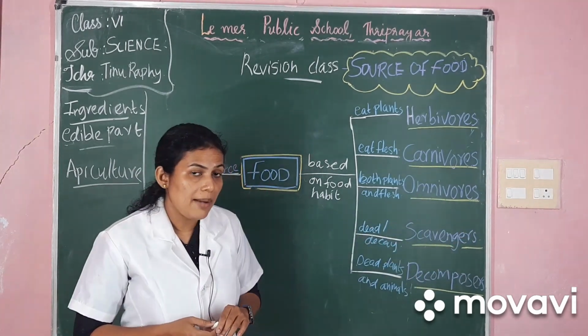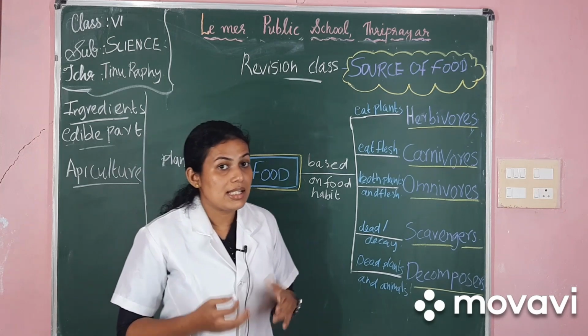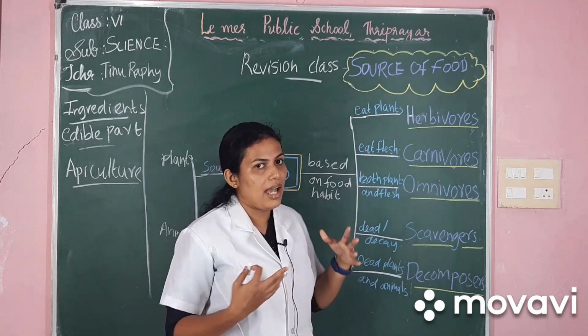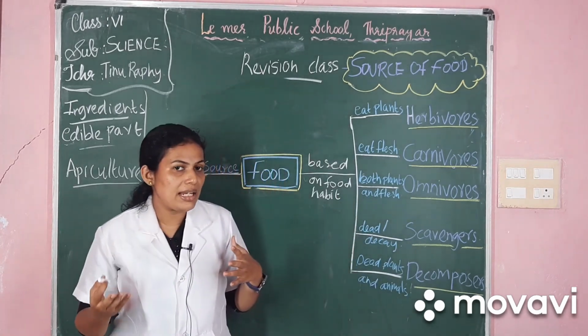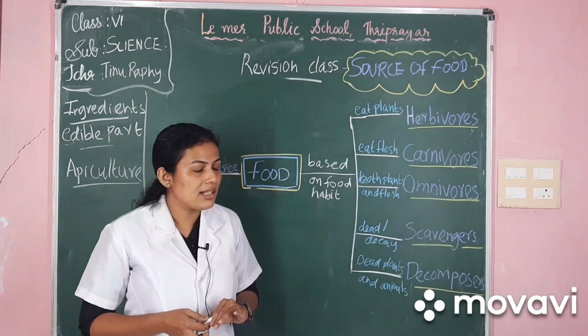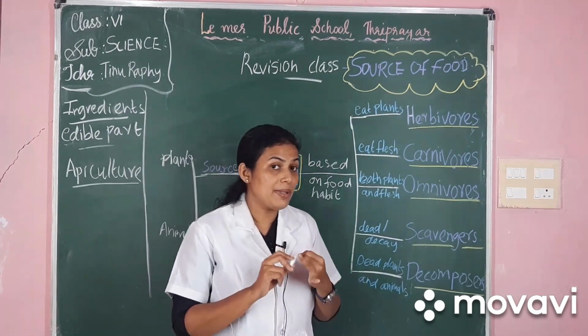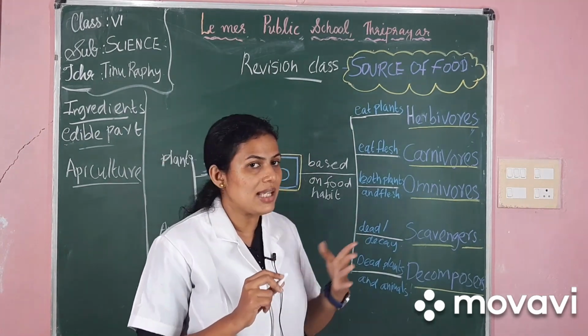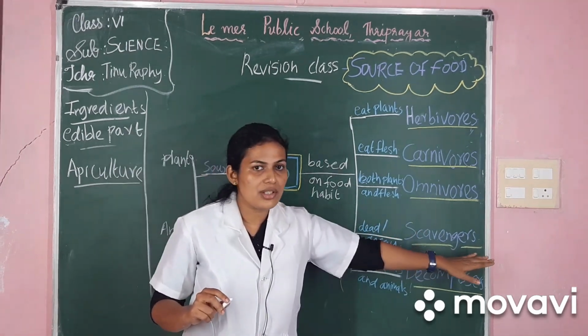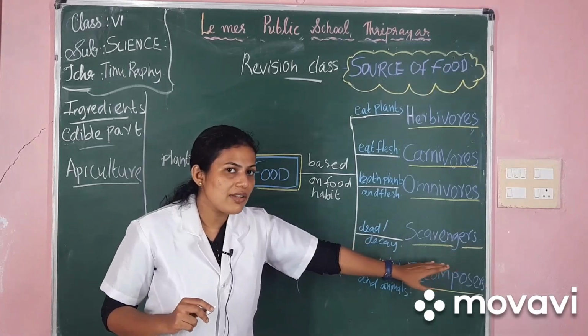Can you give me a few examples for omnivores? Yes, human beings, each of us, we feed on both plant materials and also animals, isn't it? So humans are an example for omnivores, and other examples are rat, bear, crow, cockroaches, etc. Now the fourth category, that are scavengers. What is the specialty of scavengers?